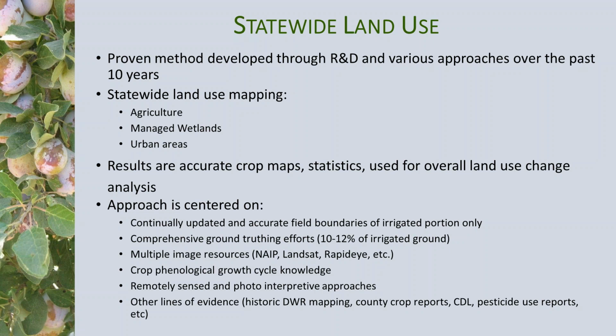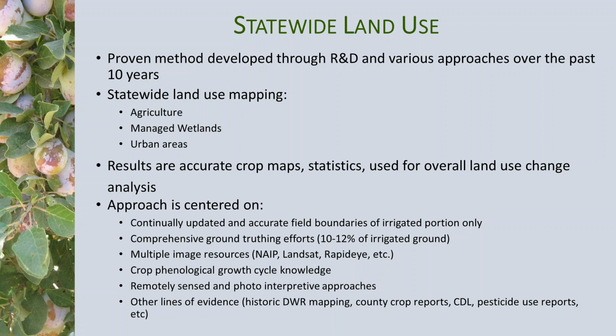In a rough sense, and we'll start with the higher level classifications, the statewide land use mapping is separated into three main categories: ag, managed wetlands, and urban areas. I'll get into some statistics a little later, but to give you an idea, we mapped over 14 million acres of those three categories in much more granular detail.